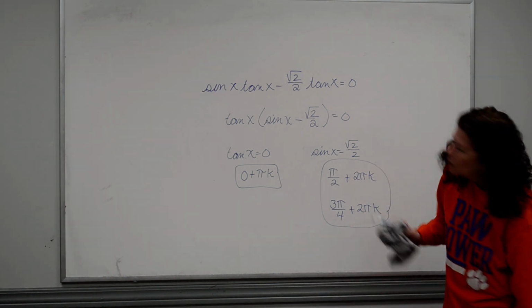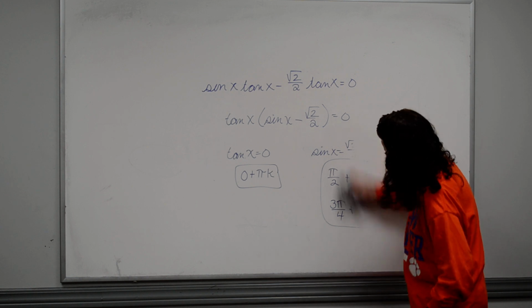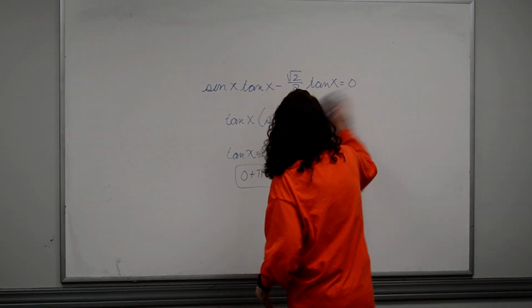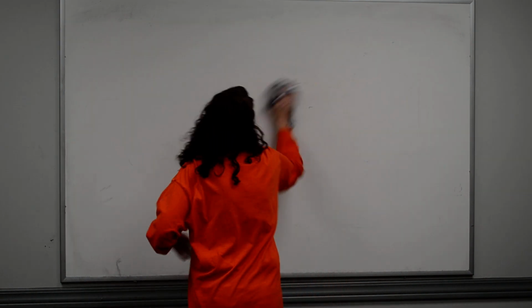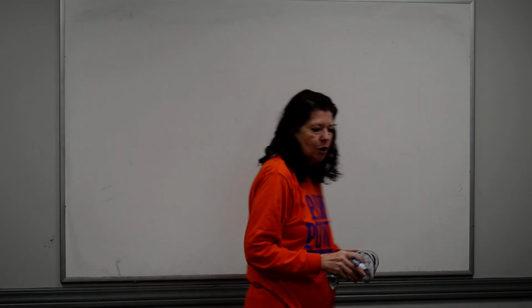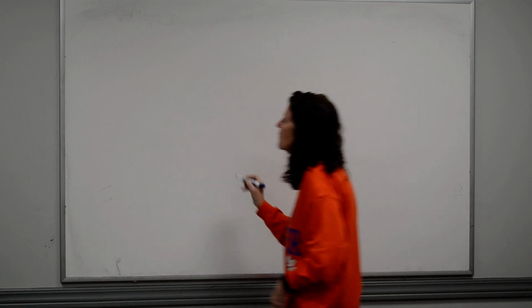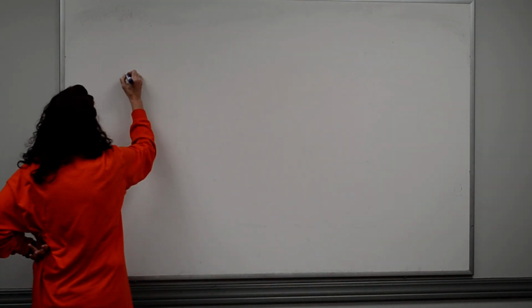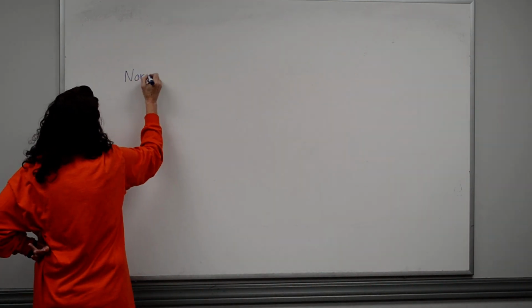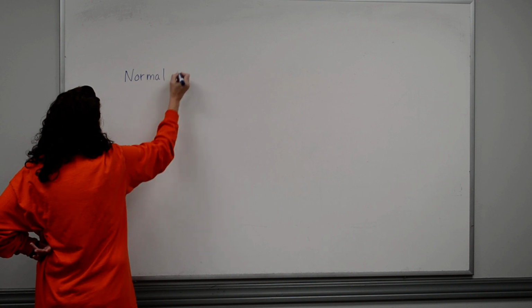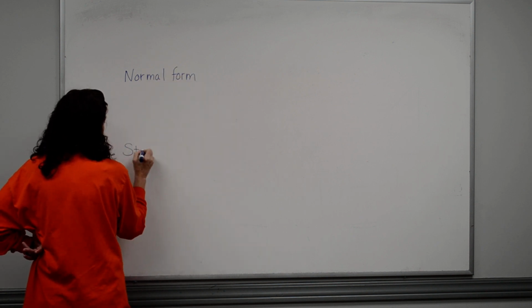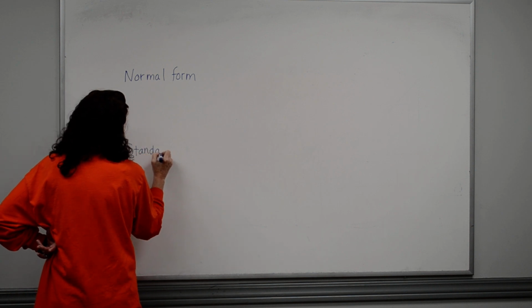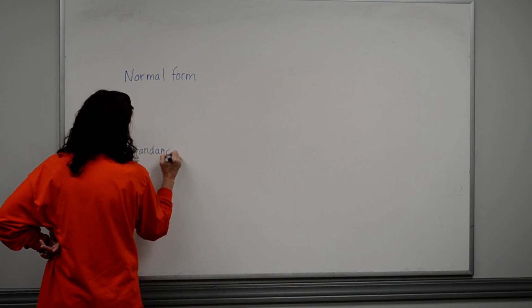The next section, you're going back and forth between a normal form of a line and a standard form of a line. That involves 2 equations, and it involves converting back and forth. So you have the normal form, which has to do with your trig, and you have your standard form, which you know what the standard form is.